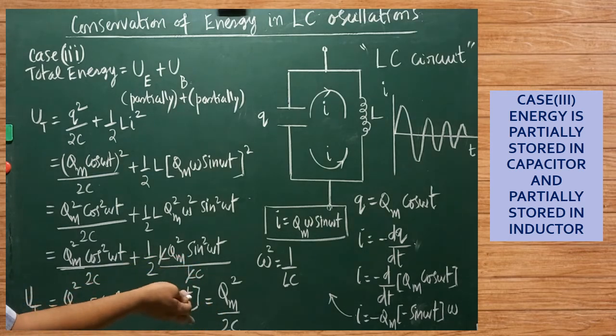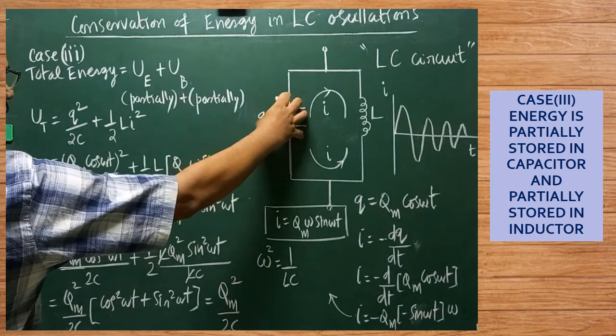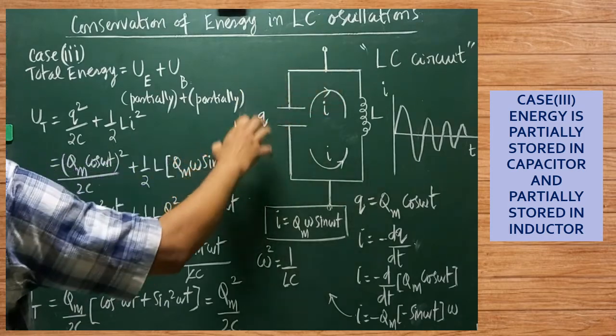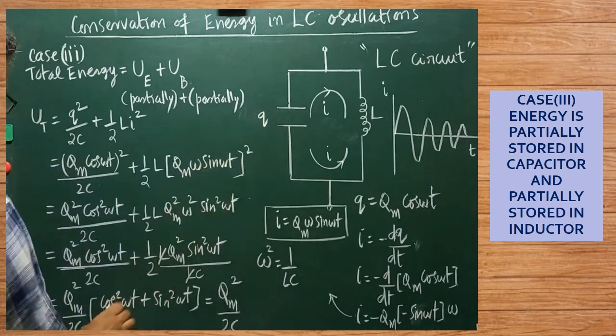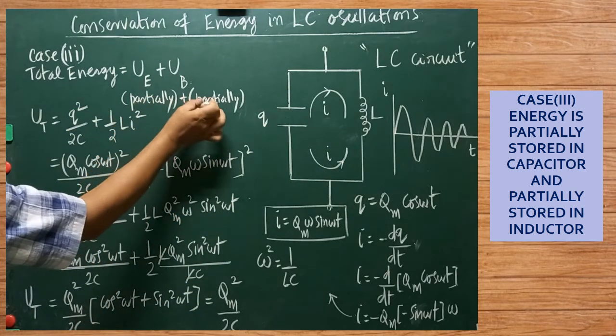Even in the third case we have obtained the same expression obtained in case 1 and case 2. Are you clear? In this third case, energy is stored in both. So the total energy is the sum of which two? Partially electrical energy and partially magnetic energy.